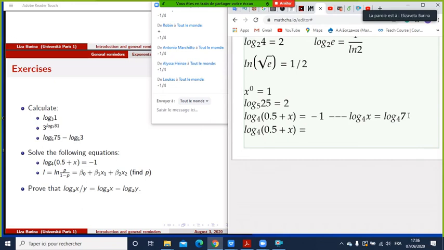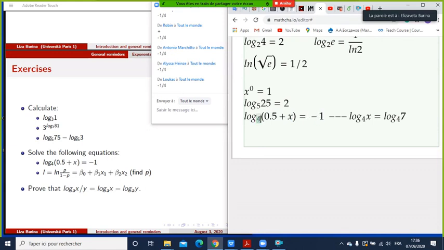All right, so look what is happening. We're saying that the power to which we raise 4 to get this thingy is minus 1. So that's what is written. Again, logarithm is the power, it's the exponent.